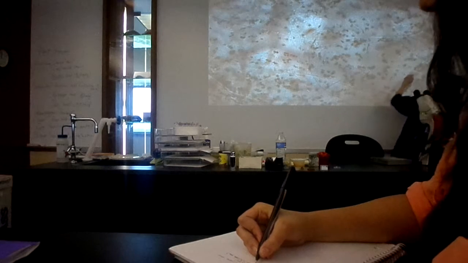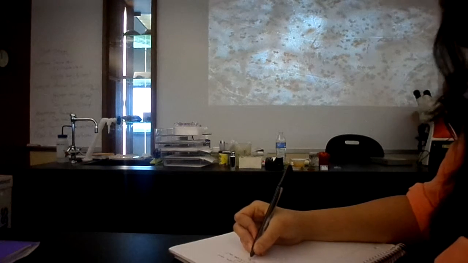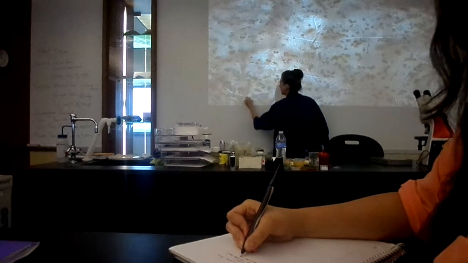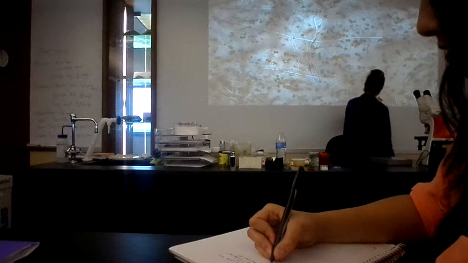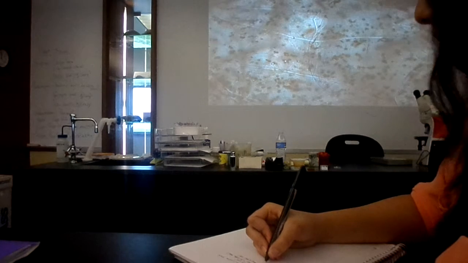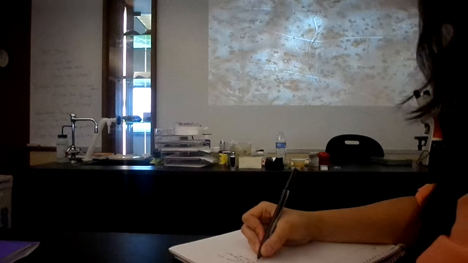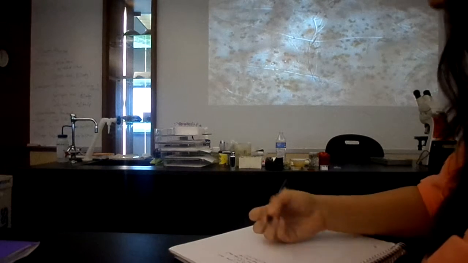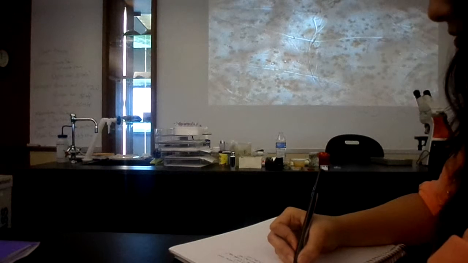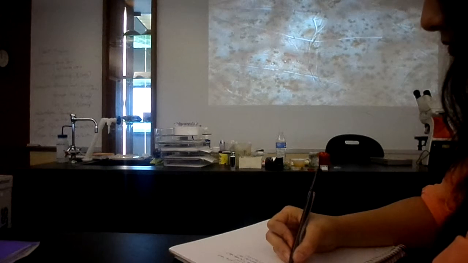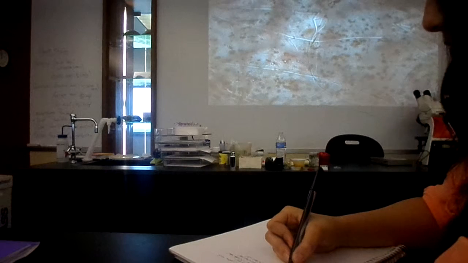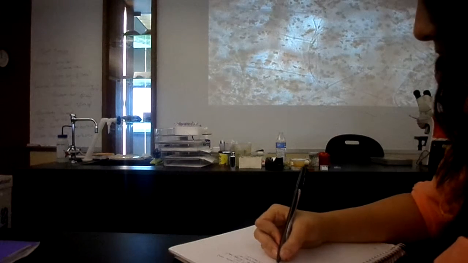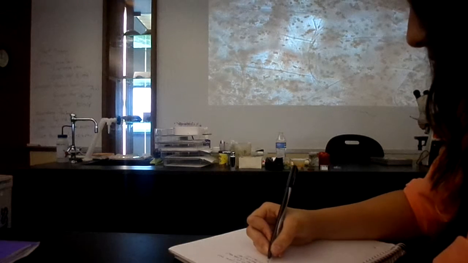And there may be another overlap of another cell right in here. Another cell might be right around in here. Okay? So I want you to understand that what you're seeing is overlapping, multiple layers of cells because of the way that we cut it and the way that we smushed it down onto the slide. So if I take one of these cells, and let's just take this little guy over here on the side, you should be able to see a couple of things.